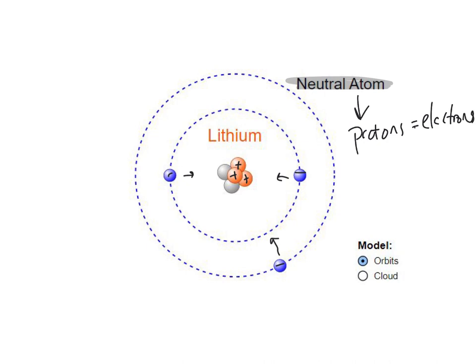Once this number gets to be different from each other, when we have more or less electrons than protons, we end up having something called an ion. But when we have a neutral atom, we have 3 protons and 3 electrons, and so they cancel each other out. As far as the charges go, we would have a +3 and a -3 for charges, and we wouldn't have any sort of net charge. They balance each other out. So this is considered a neutral atom when we have the same amount of protons and electrons in our atom.